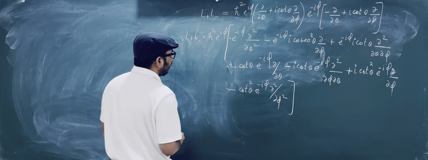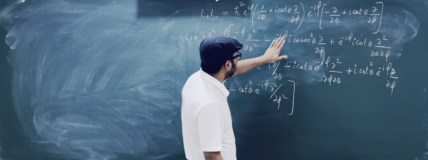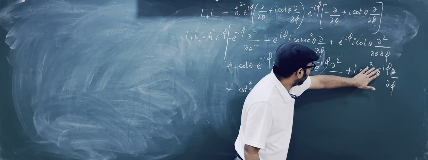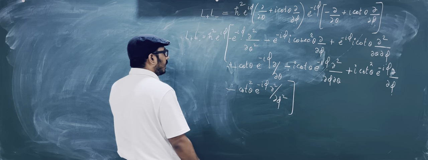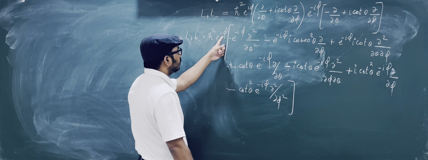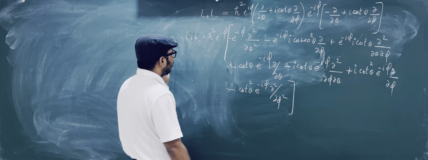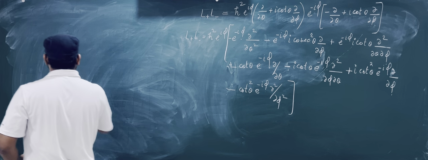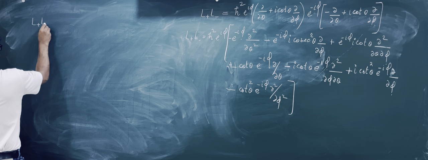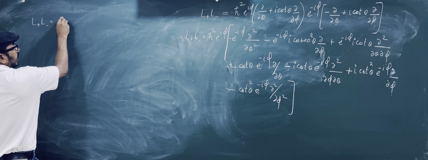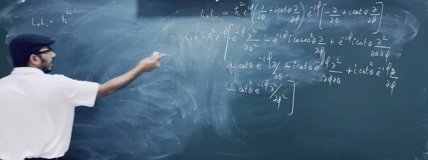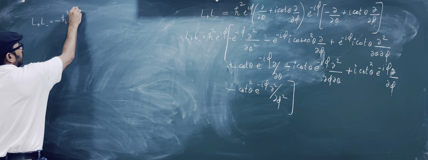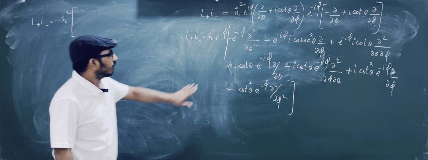So again, if you see here, e power minus I phi, e power minus I phi, e power minus I phi comes out and it goes with e power I phi, and this becomes 1. So I can write L plus L minus is h square, and e minus I phi, e I phi is 1, and I'm taking minus out of these whole terms. So the minus is gone.